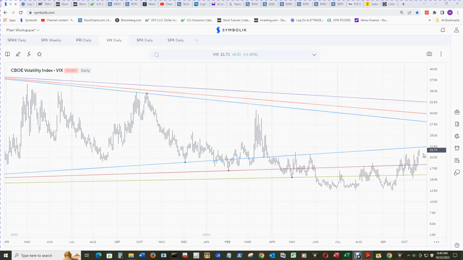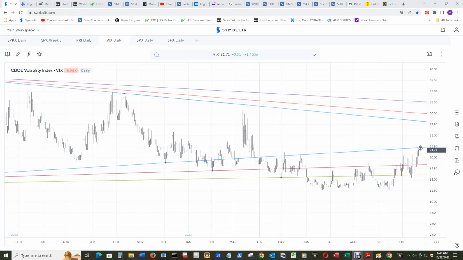But as it stands, we're just trying to get to this blue line here. So that is at, for today on the 23rd, 22.27. So it's getting pretty close to that, but has not hit it yet.